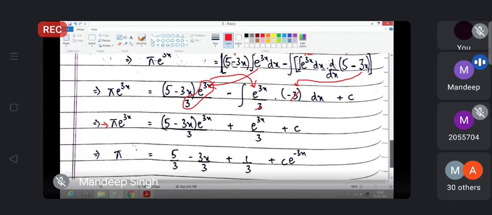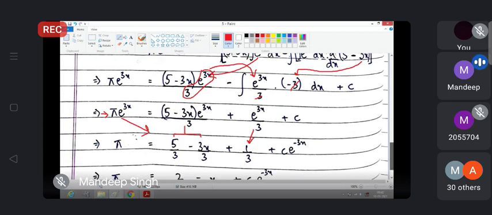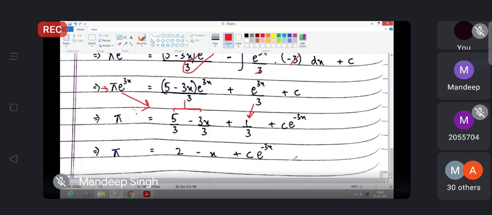Cross multiplying or dividing both sides by e raised to the power 3x. पहले टर्म को सेपरेटली लिख लिया, 5 over 3 minus 3x over 3, e raised to the power 3x तो कैंसिल आउट हो गया, प्लस 1 over 3, इधर आ गया, ये इधर आ गया, प्लस 1 over 3 प्लस c into e raised to the power minus 3x. 5 over 3 plus 1 over 3 gives us 6 by 3. 6 by 3 is 2.